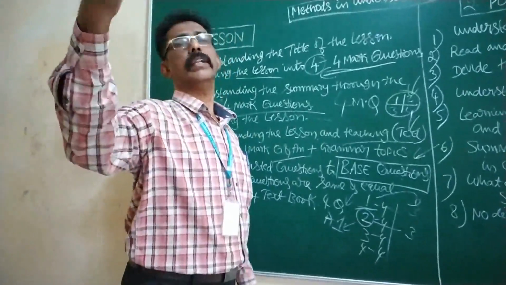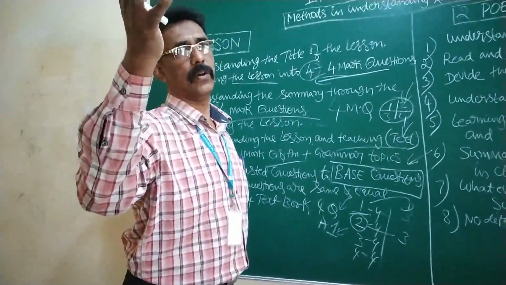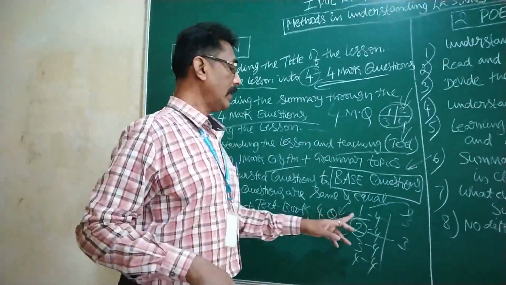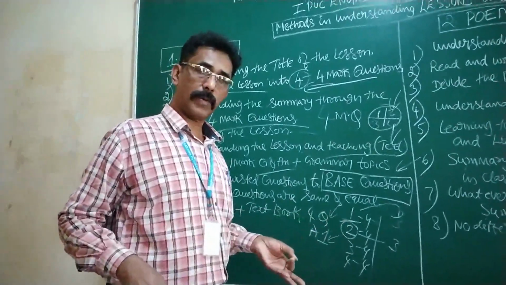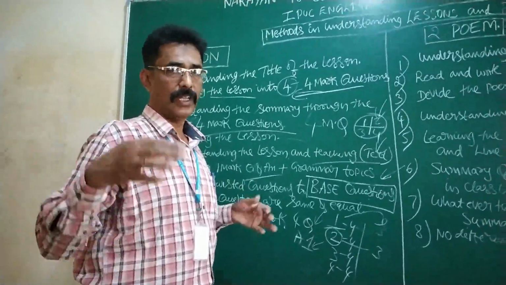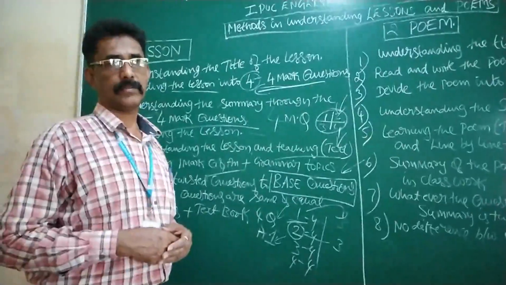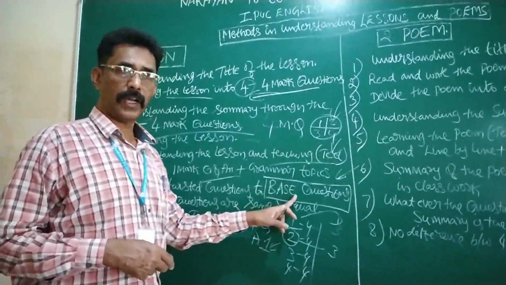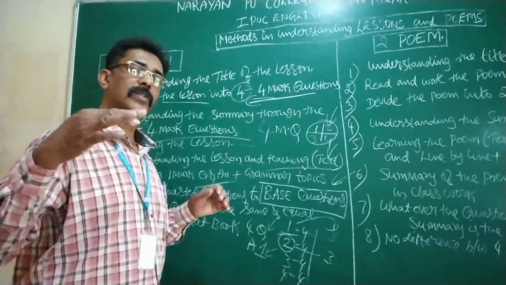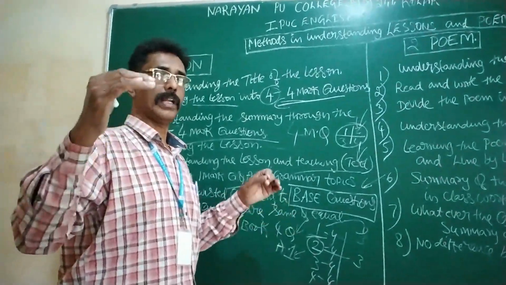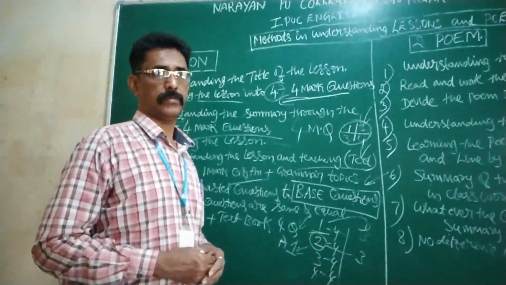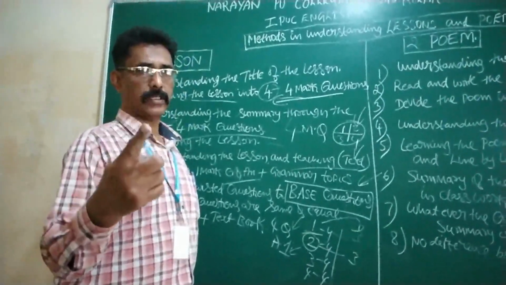You can learn answers anywhere, anytime, no problem, but understanding those twisted 4-mark questions is very difficult. If you can catch this point, then you have started improving your English. Yes, surely catch this one.